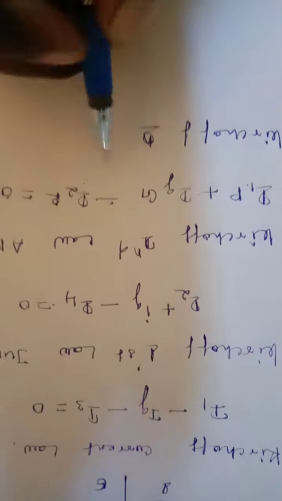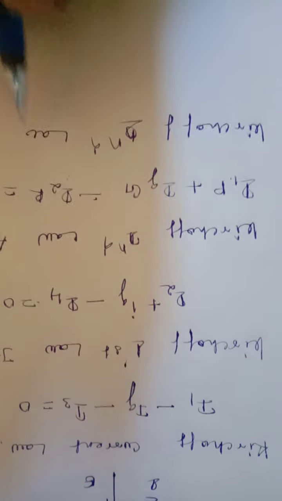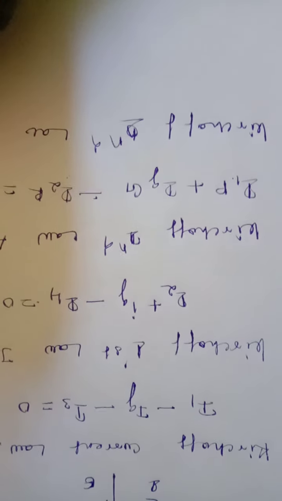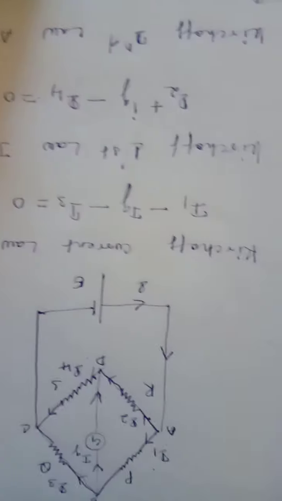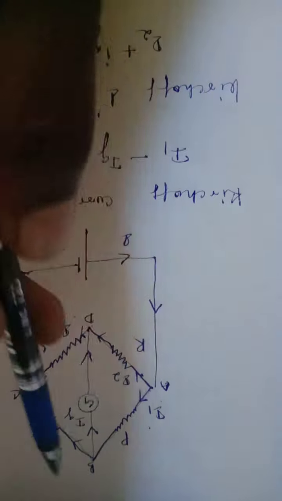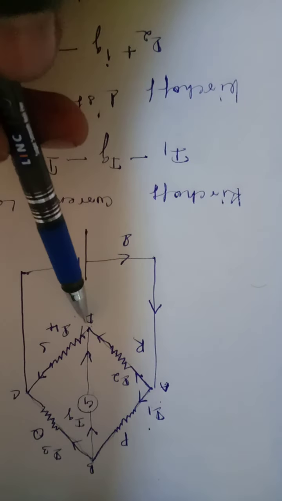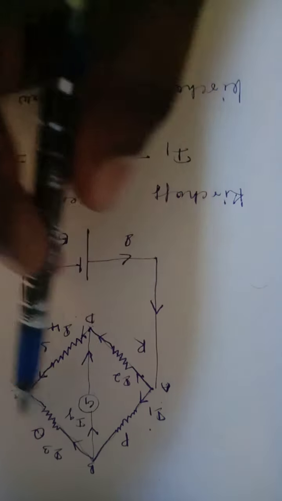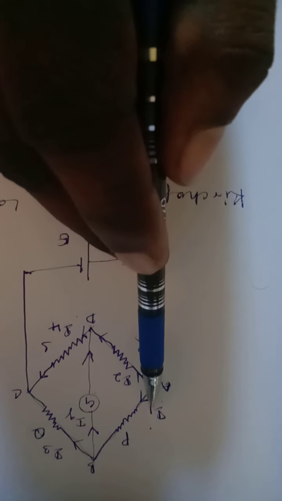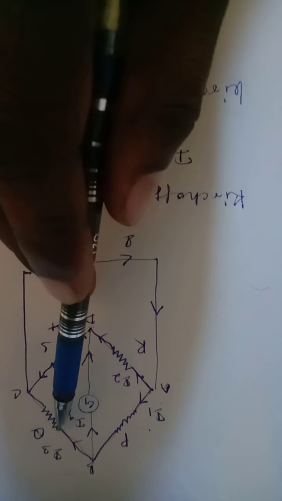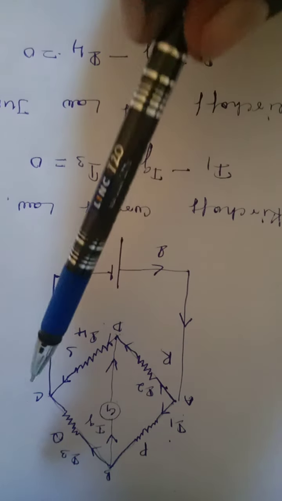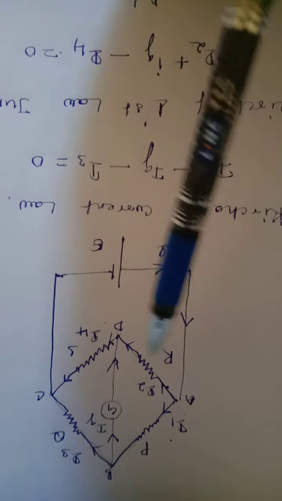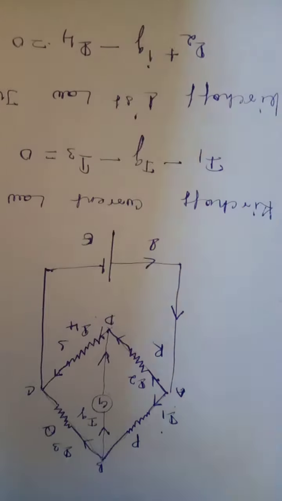Next, applying Kirchhoff's second law to the closed path A, B, C, D, A. Here there are four resistances: the first resistance I1P, and then I3Q, and then I4S, and then I2R.